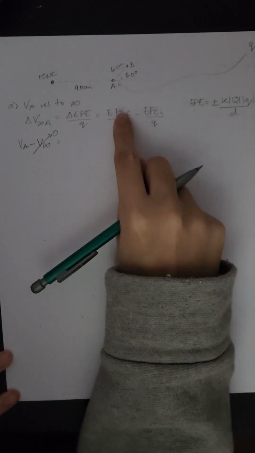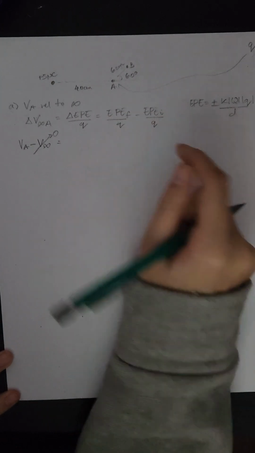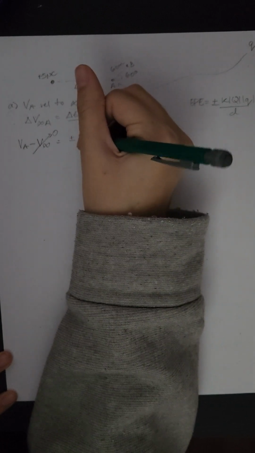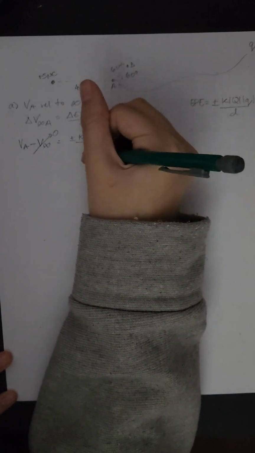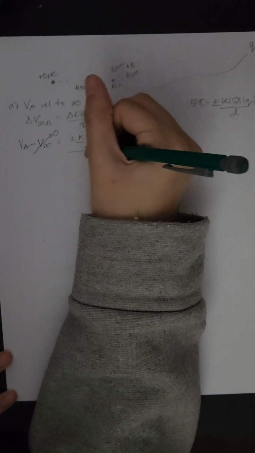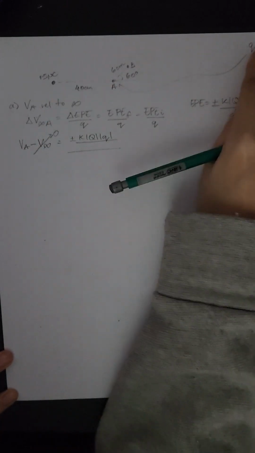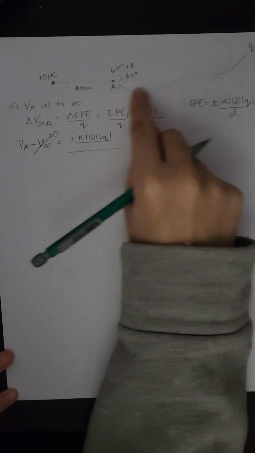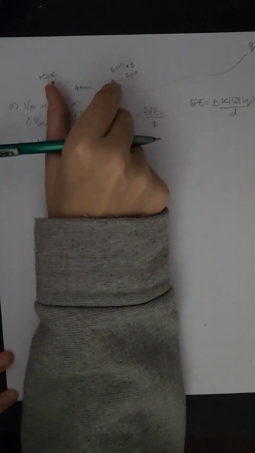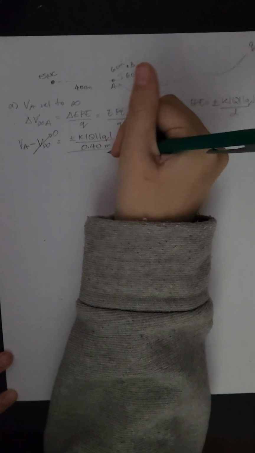And we could plug this into the electric potential energy expression that we wrote here, which is plus or minus K times Q times test charge Q, and the distance here is 40 centimeters. Remember, this is the initial and this is the final. So the distance between the two charges, the test charge and this charge, is 40 centimeters or 0.4 meters.